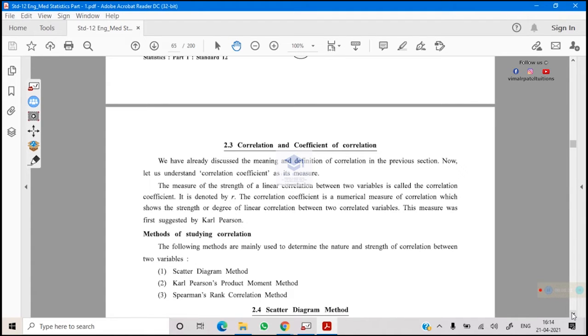Now, there are different methods of studying correlation. In your syllabus, there are three methods: scatter diagram method, or you can say graphical method, Karl Pearson's product moment method, and Spearman's rank correlation method.